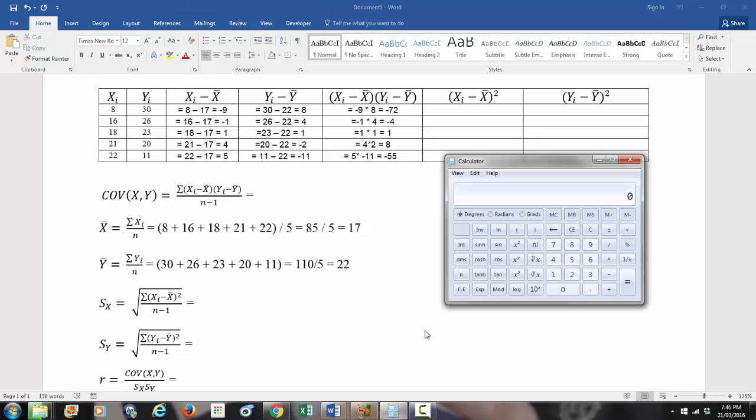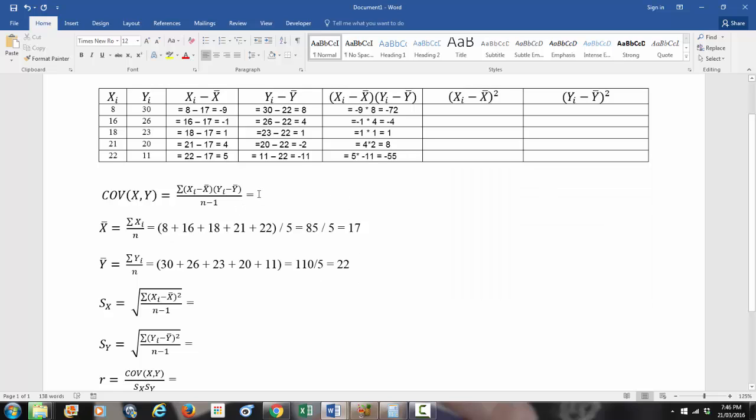I'm just not sure about doing that in my head, so I'm going to get the calculator to help me. So -72 plus -4 plus 1 plus 8 plus -55, and so that comes to -122.